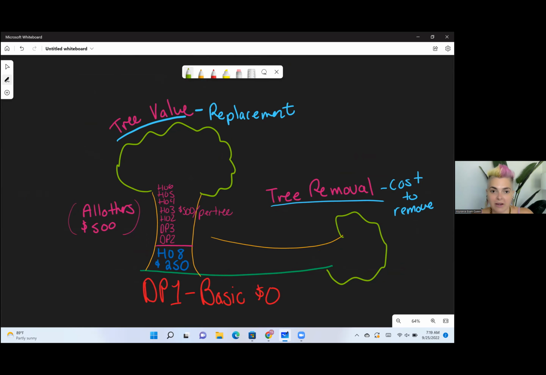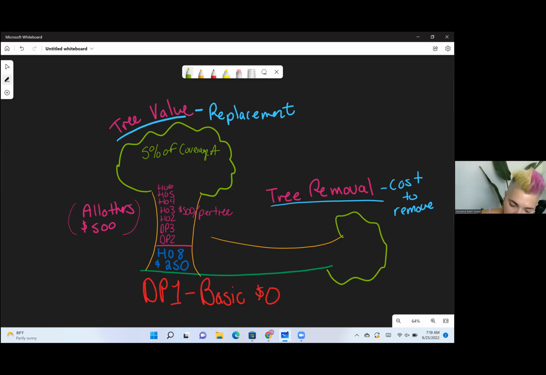Every other coverage generally becomes a percentage of coverage A, and tree coverage is no different. With the tree coverage, you get 5% of coverage A. So you get $500 per tree up to 5% of coverage A.